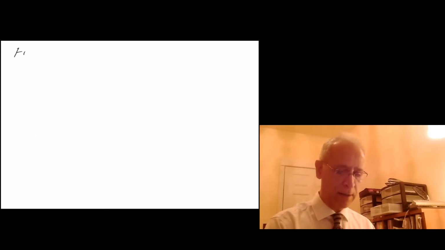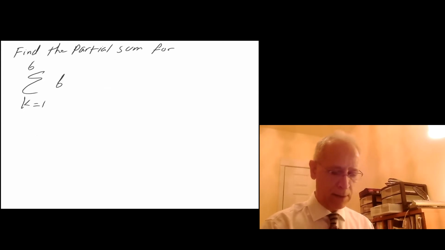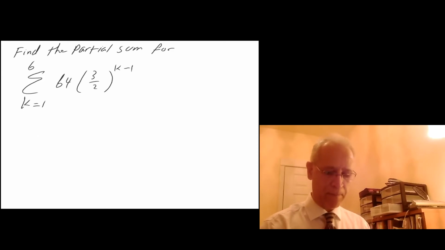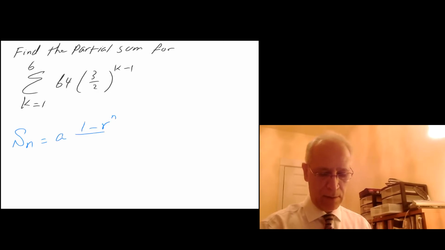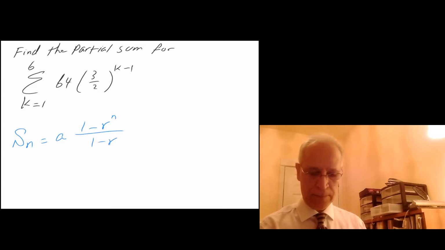So find the partial sum for, let's say, k equals 1 to 6 of 64 times 3 half to the power of k minus 1. And I want to use my formula that S sub n equals a times 1 minus r to the n over 1 minus r.